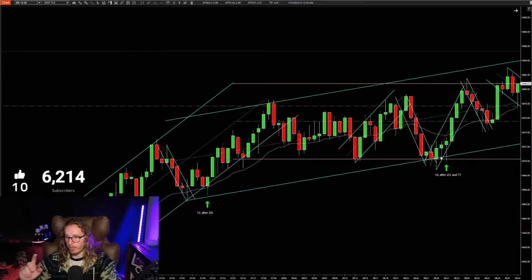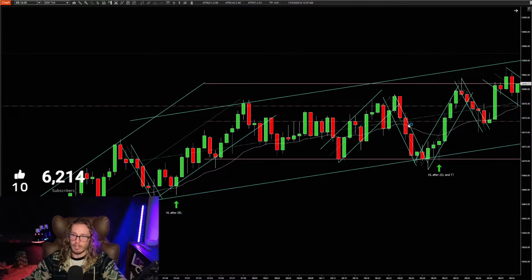Now, that's one part of the context. We're still in a range, and the support is holding. Second part of the context, the short-term downtrend has a close outside and a new low. So the short-term downtrend has played out. And then you get a higher low, which is the second attempt to make a second leg to a new low, failing. So this tells me that we're probably reversing here.